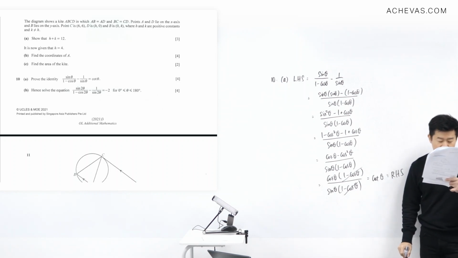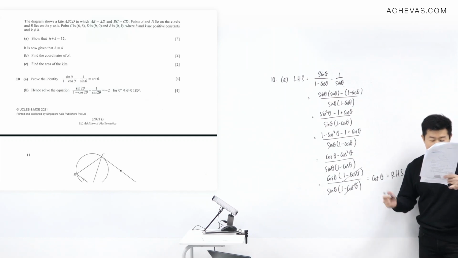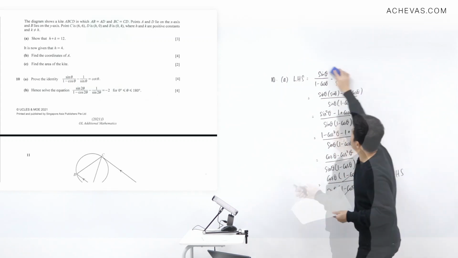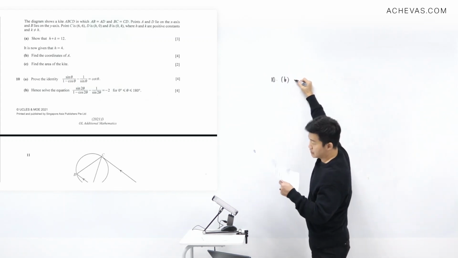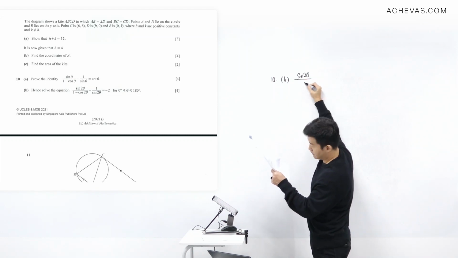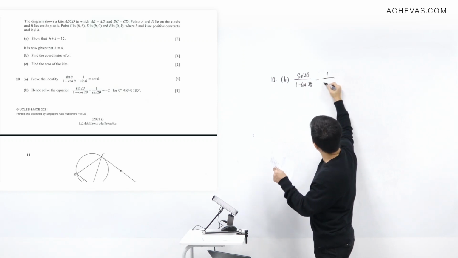We are going to make use of this to hence solve the second equation, where theta is between 0 degrees and 180 degrees. So in part B, let me write down this equation, which is sine 2 theta divided by 1 minus cosine 2 theta, minus 1 over sine 2 theta.